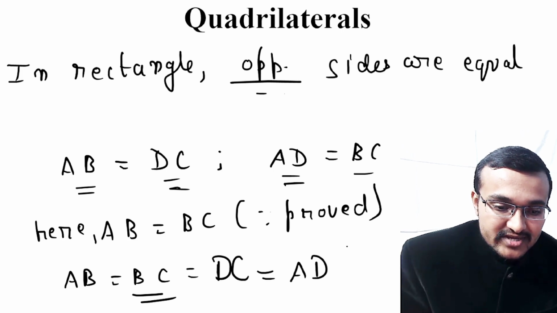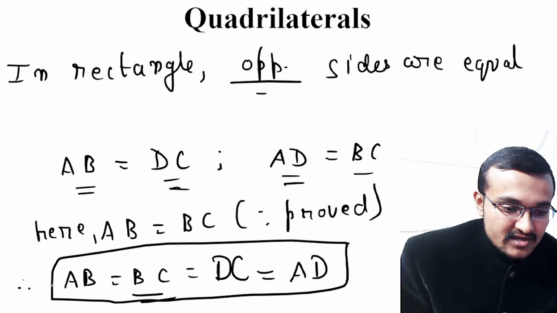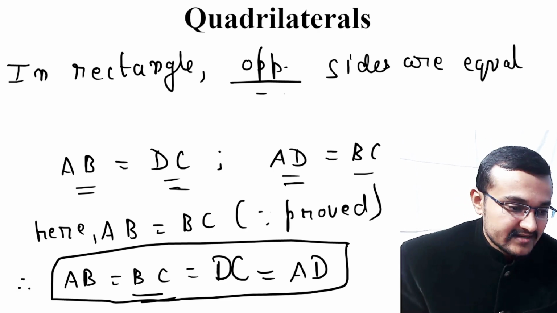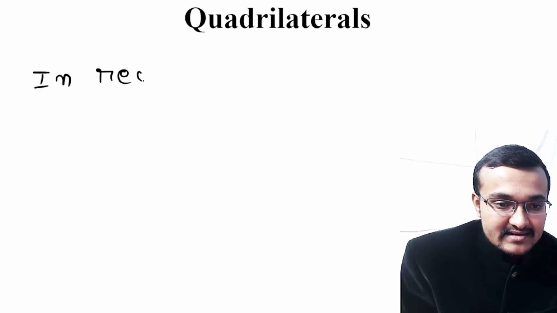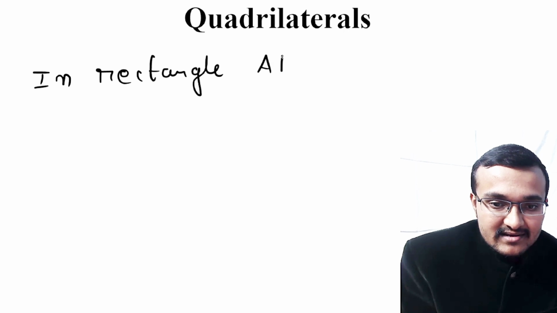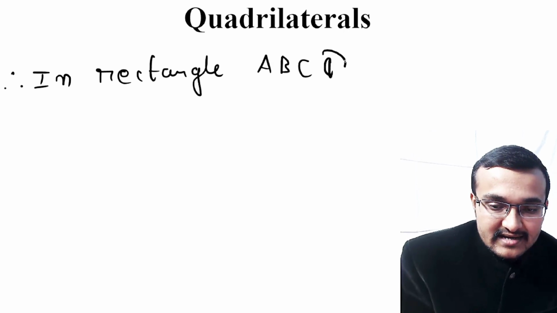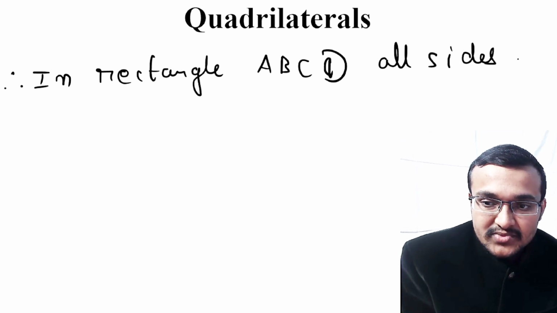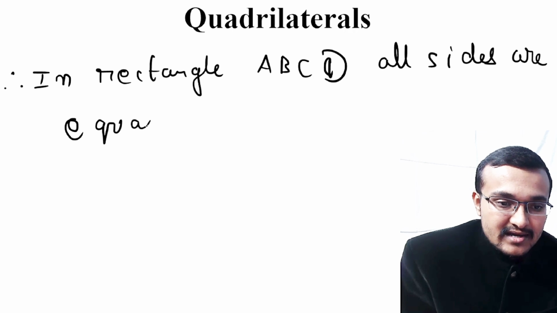Therefore AB is equal to BC is equal to DC is equal to AD. So in rectangle ABCD, all sides are equal.